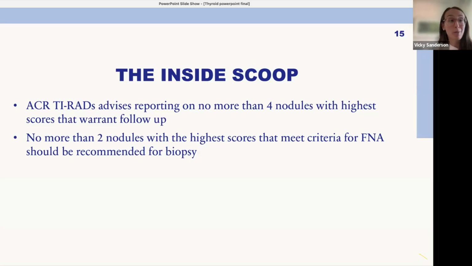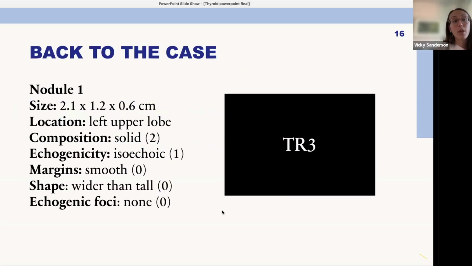We're not going to biopsy 8 things. Secondly, they also recommend that no more than 2 nodules with the highest scores should get a biopsy. Again, because we're looking for the most suspicious nodules, that will be enough to give us the diagnosis. We don't need to biopsy all of them, even if some have fairly high scores.